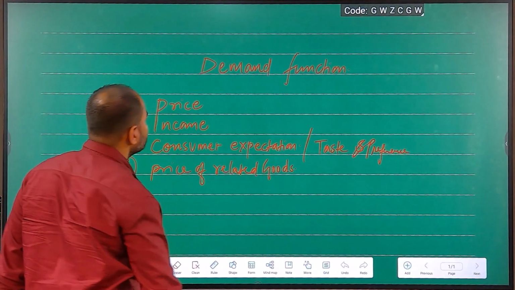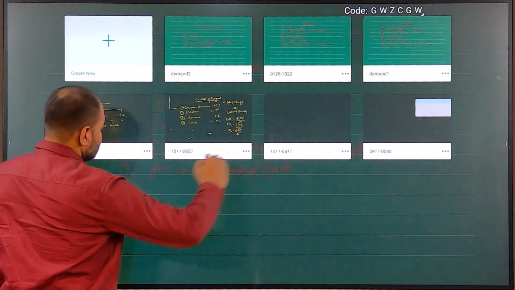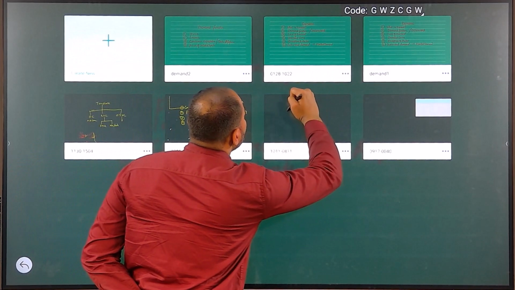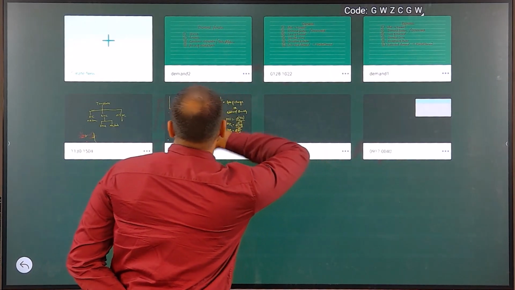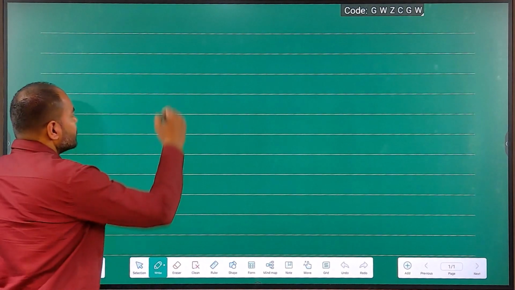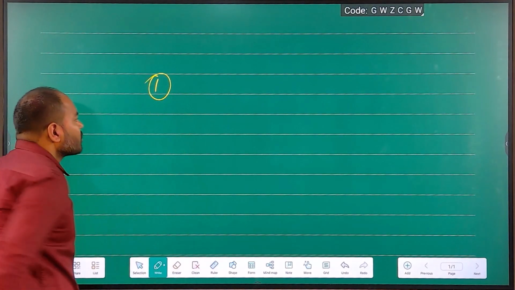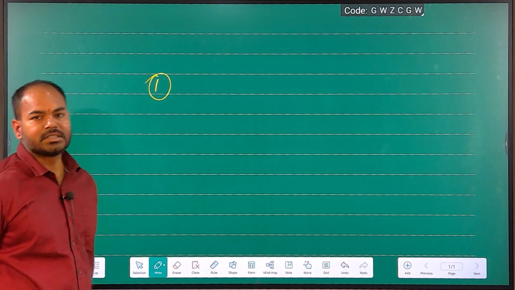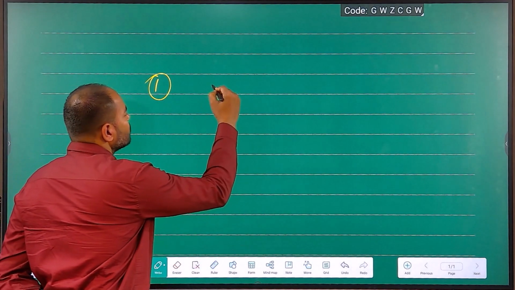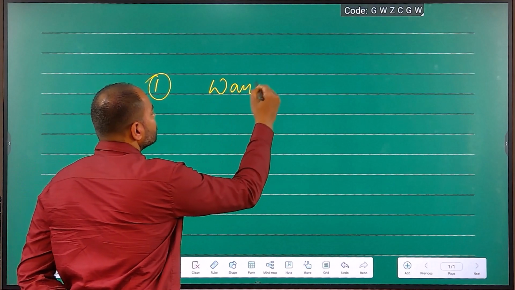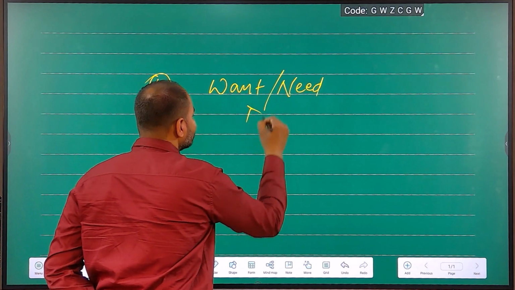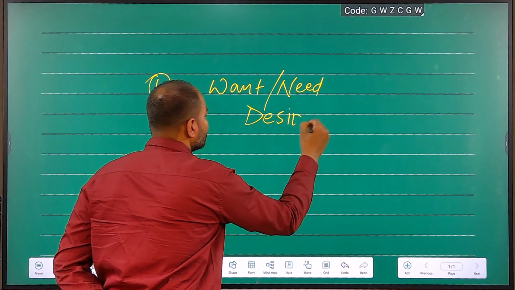But first, let me discuss the term demand. So what is demand? Demand is known as anything when people want, need, or desire.